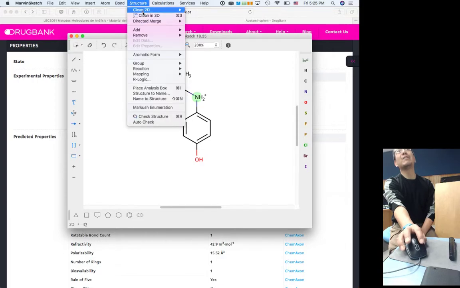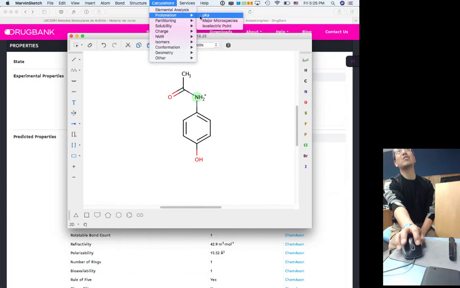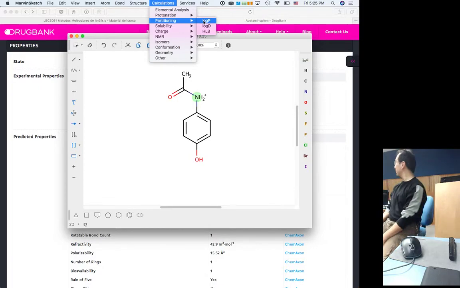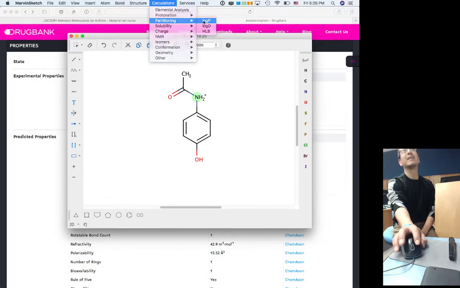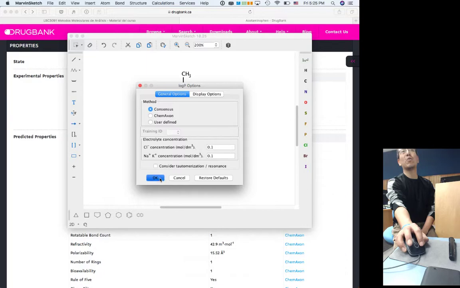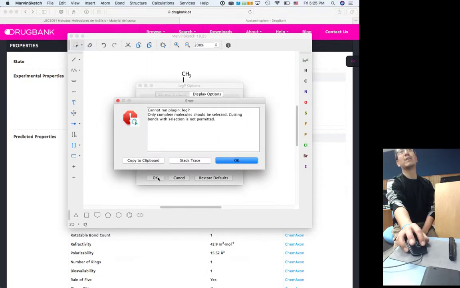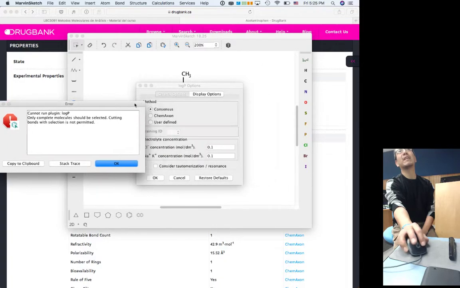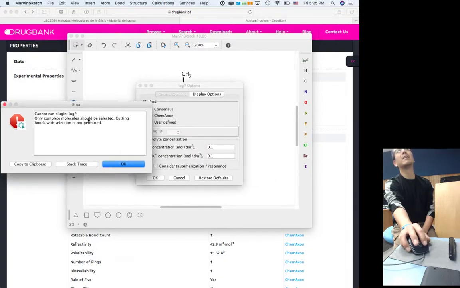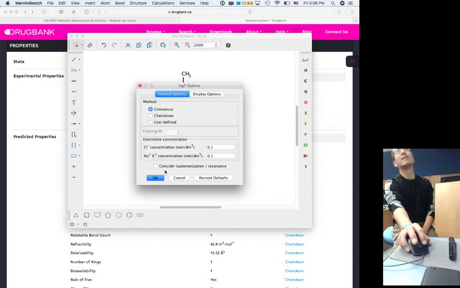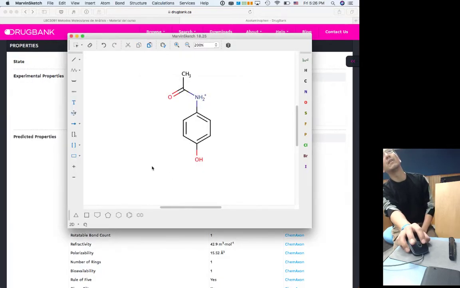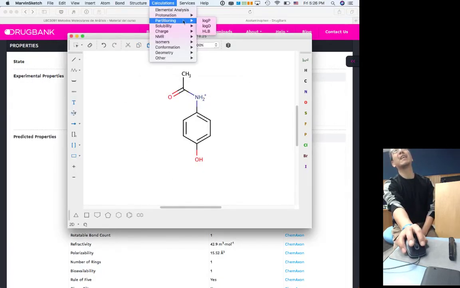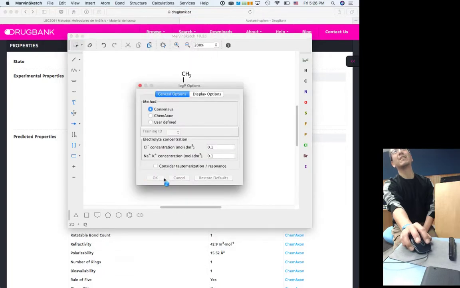Okay, and now if we repeat the calculation, partitioning and log P, and go to the OK and the error window. Oh, what happened here? Oh no, we got the other error. I think it has a selection. Yeah, because of the selection, it's not letting me do it.